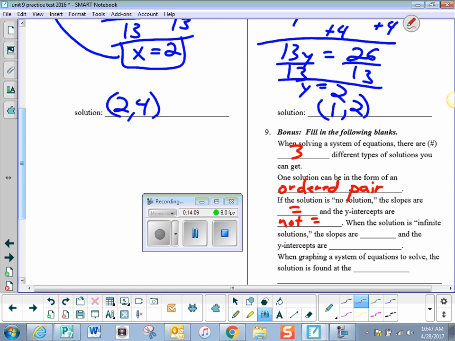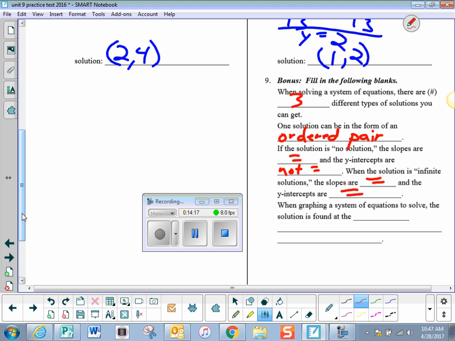When the solution is infinite solutions, the slopes are equal and the y-intercepts are equal. When graphing a system of equations to solve, the solution is found at the point of intersection. All stuff we've been talking about nonstop for the last week and a half. So really, I just put it as a bonus, even though it really should have just been a regular problem.